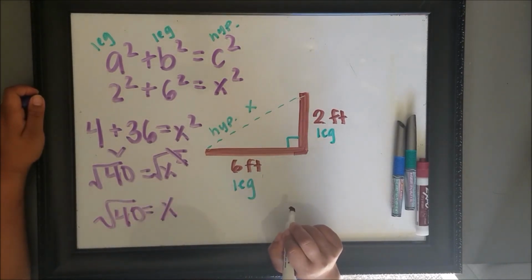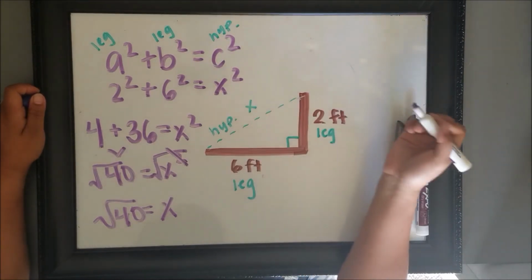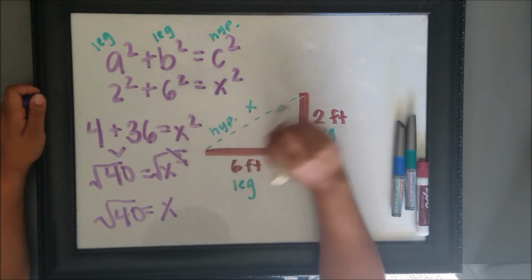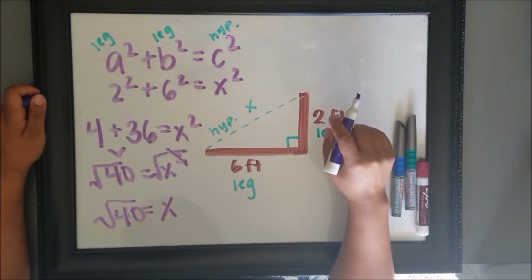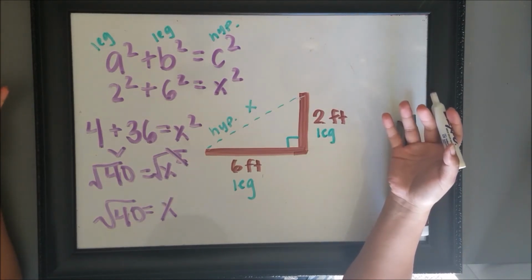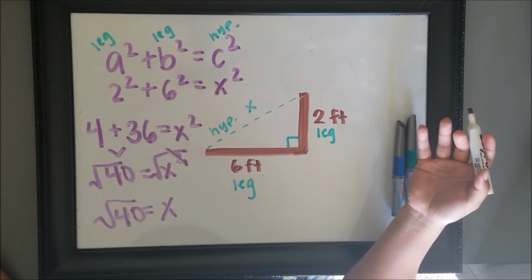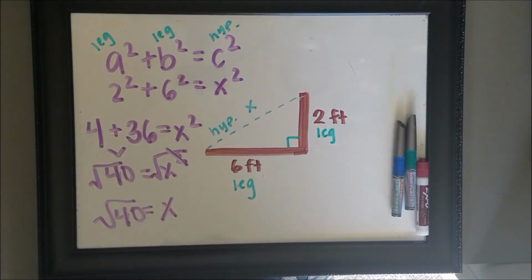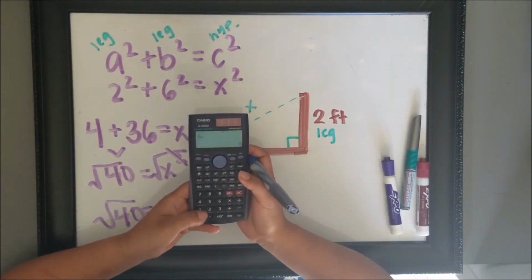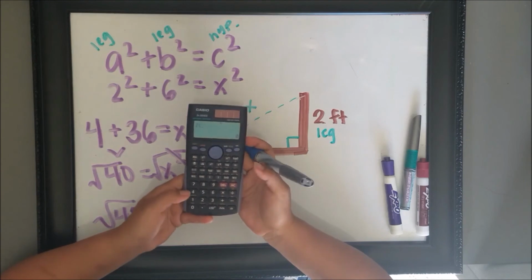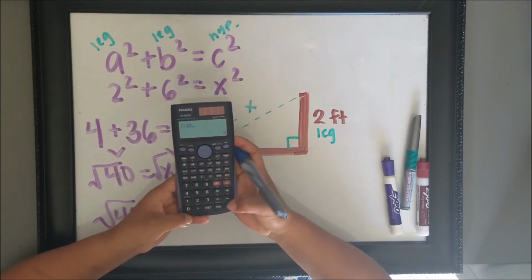But that doesn't give me how long this length is, because I can't go into Lowe's saying, hey, can I get a piece of wood that is the square root of 40? I'm actually going to have to change that out. There's no whole number multiplied by itself that's going to give me 40. So I'm going to have to plug that into my calculator. I take the square root, type in 40.